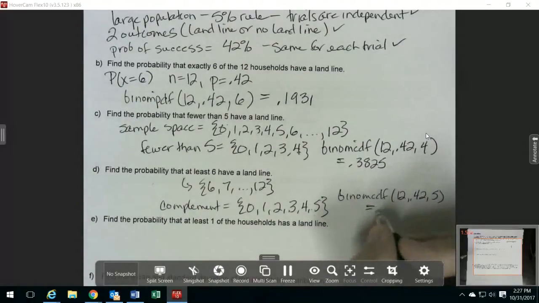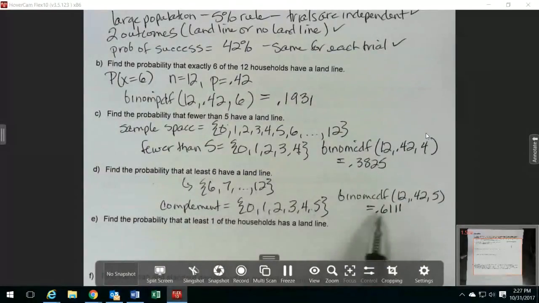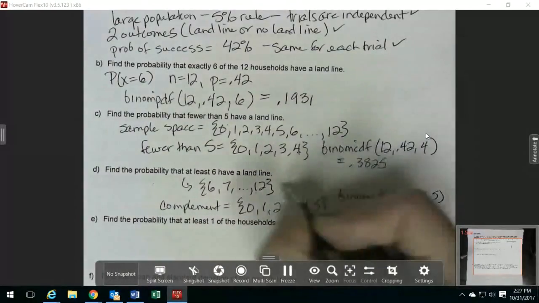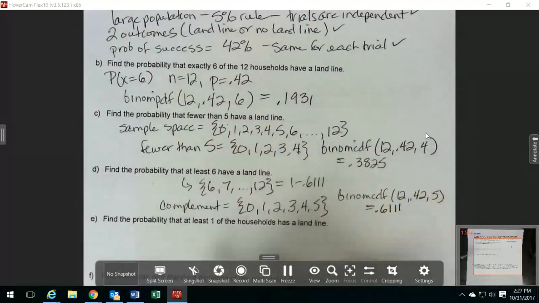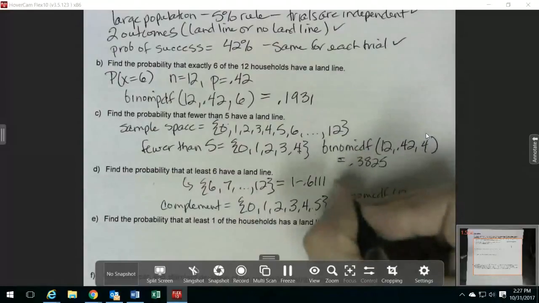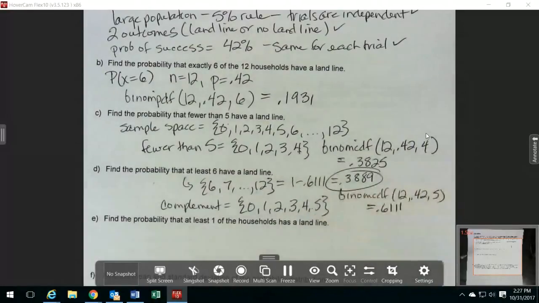That's going to give us 0.6111. But then to get the probability for this one, we have to subtract this number from 1. So this is going to be 1 minus 0.6111, which is going to be 0.3889. So that's actually our answer for that question.